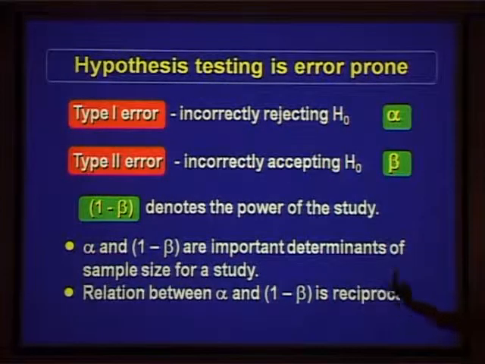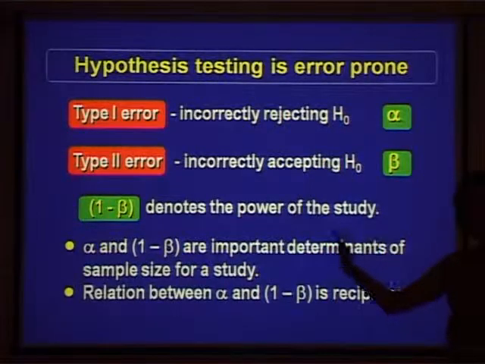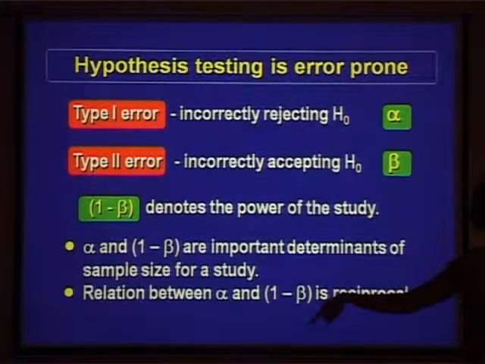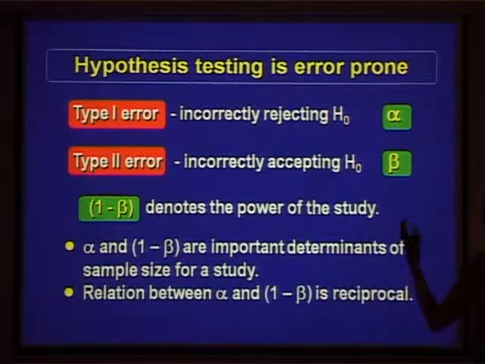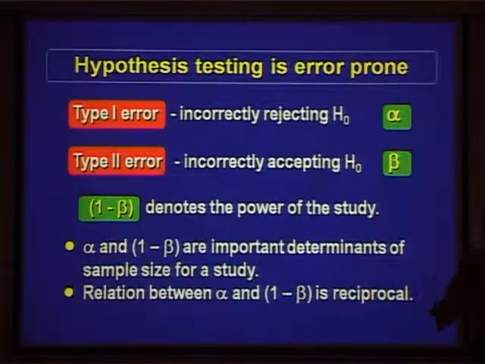Very good. Third, you find a difference between A and B when there is no difference. That's a problem. Fourth, you don't find a difference between A and B when actually there is a difference.